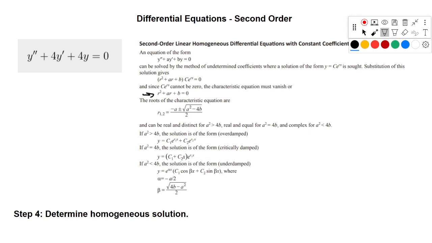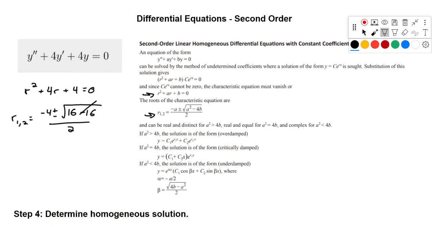So now we want to determine the homogeneous solution. We want to do that first by writing the characteristic equation. So r squared plus ar, we just said a was 4, plus b, which we just said was also 4, equals 0. And now we can solve for the roots of our characteristic equation. So negative a, negative 4, plus or minus the square root of a squared, so 16, minus 4 times b, so minus 16, over 2.